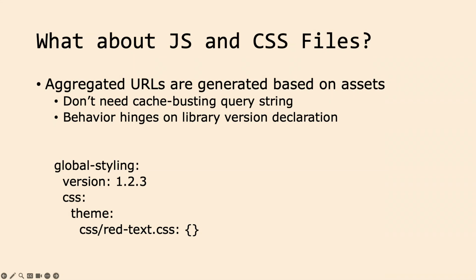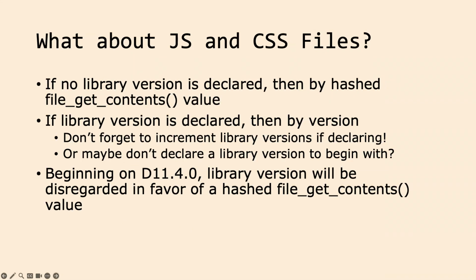And the reason is, if no version is declared in the library, then what Drupal is going to do is it's going to use file_get_contents. It's going to look at my asset and it's going to hash it. And now it can compare if it's been updated or not. If I declare a library version, then Drupal is just going to trust me.